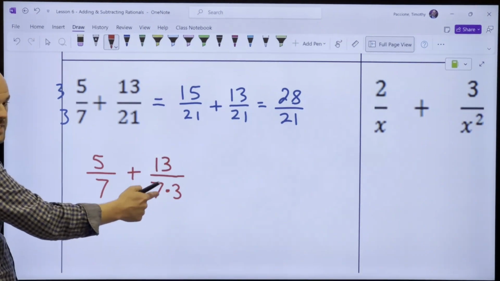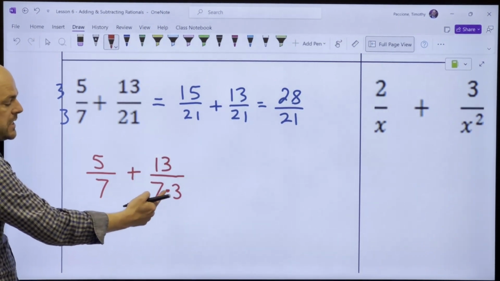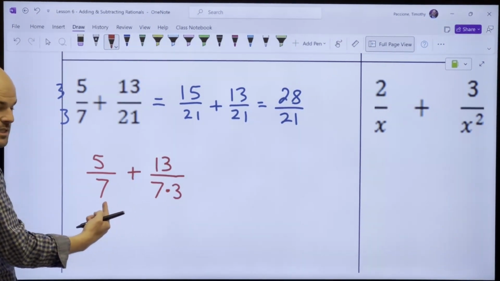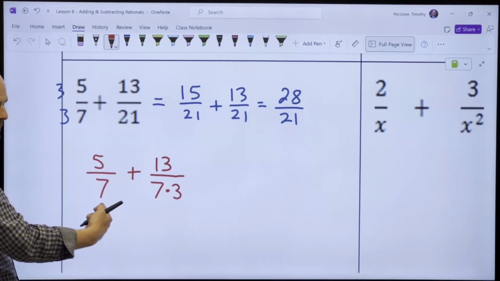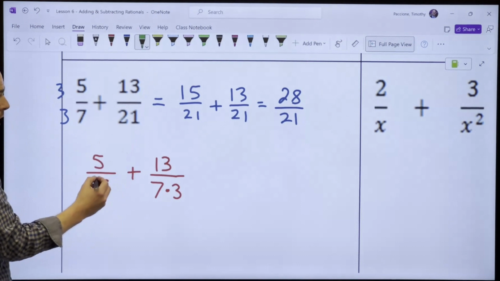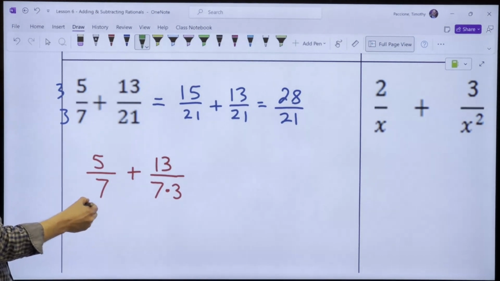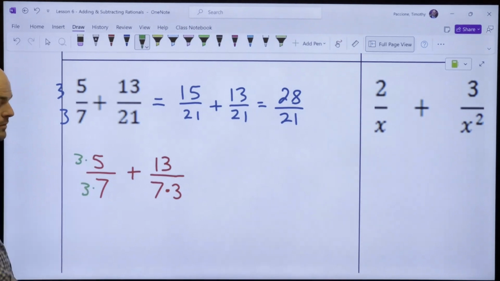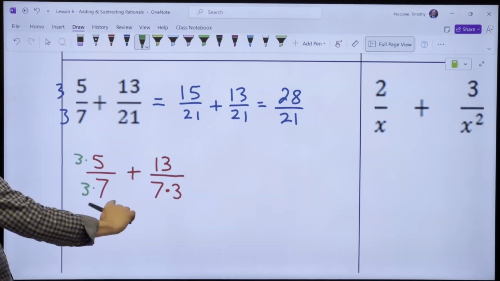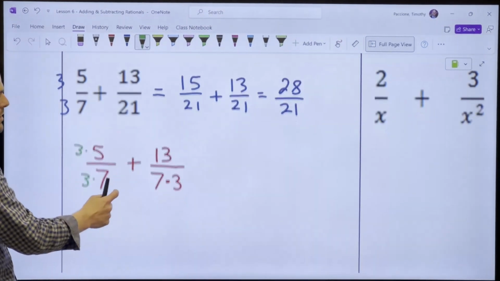Well, now I can see it right here because I see something missing on this side. What's the factor that's over here but not over here? 3. Therefore, the only thing I need to do is put it over here too, right? So if I put a 3 here and a 3 here, now I'll have the same bottom and I can bring it across, okay?